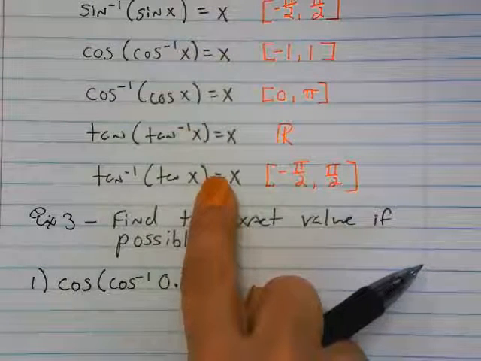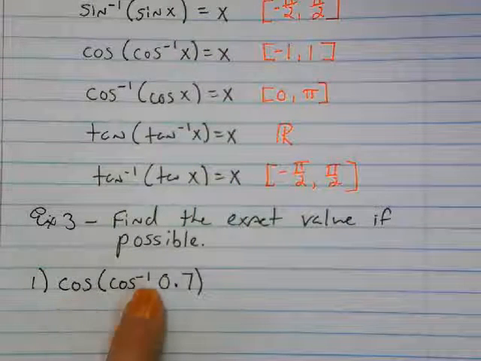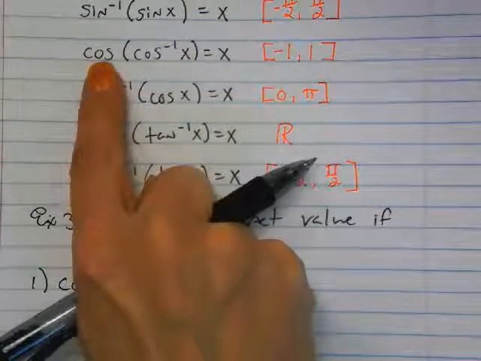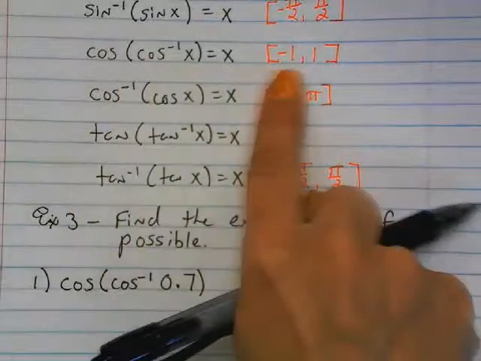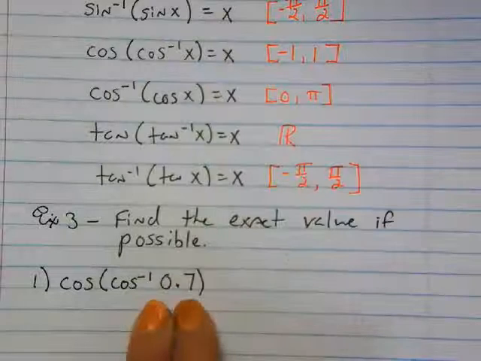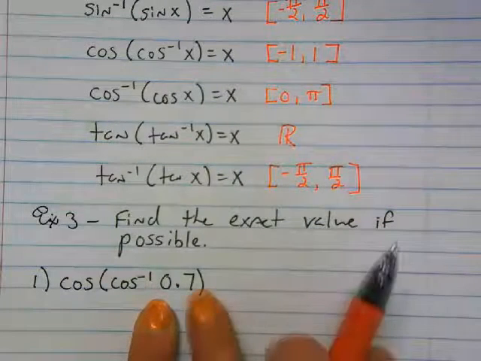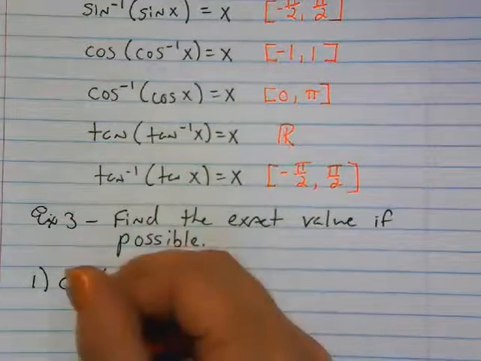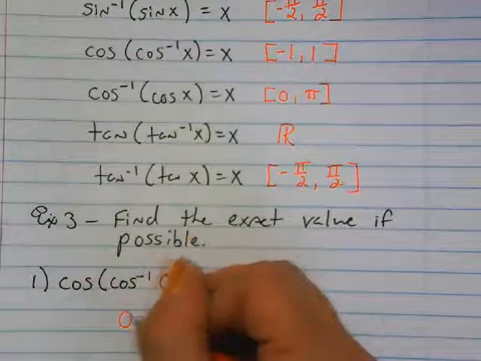So I'm taking the cosine of the inverse cosine. I need my number to be between -1 and +1. Is it? Yes, 0.7 is in that range. So now these will cancel each other out, and I just get 0.7.